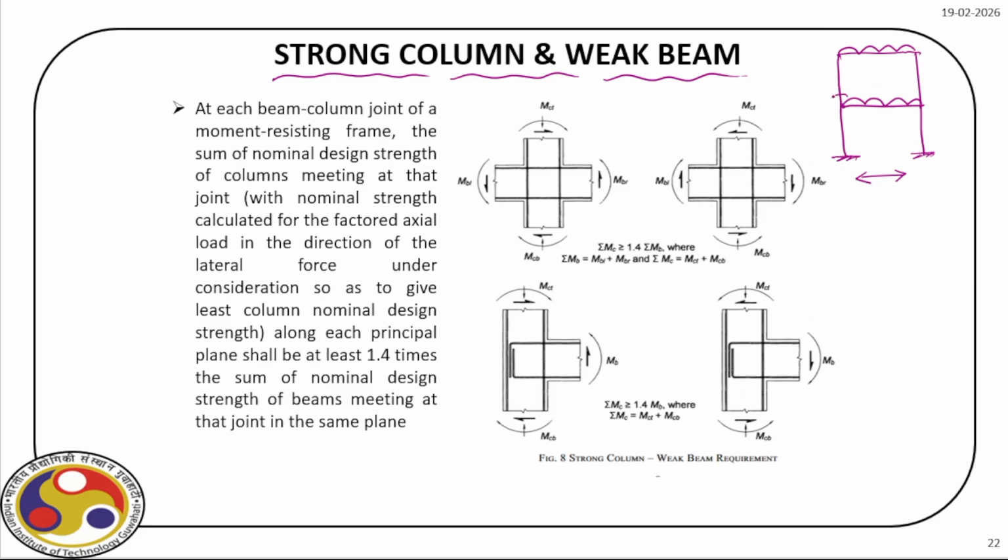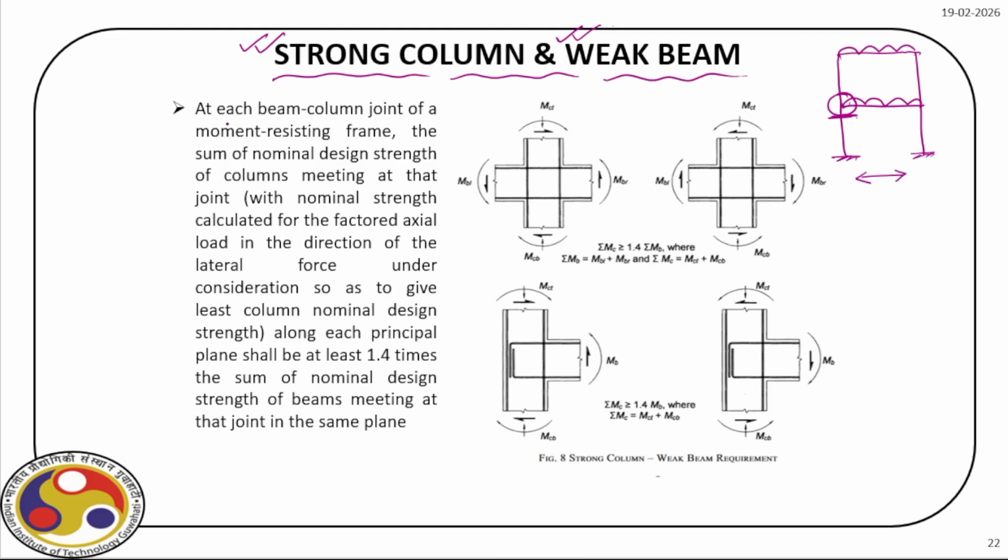Now, when we design, these junctions where beam meets column are important. If we design a beam which is very strong, then obviously there will be more probability of failure at the column, and if the column fails, obviously the entire structure will fail. Therefore we will not go for a weaker column and stronger beam. Instead, we will always have a strong column and weak beam.